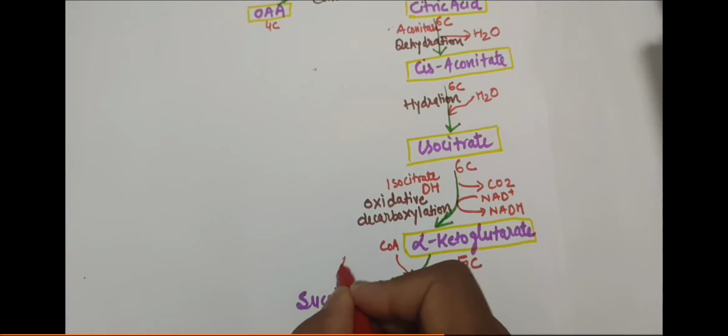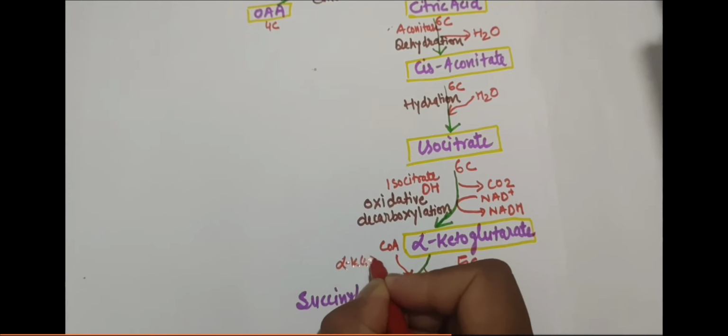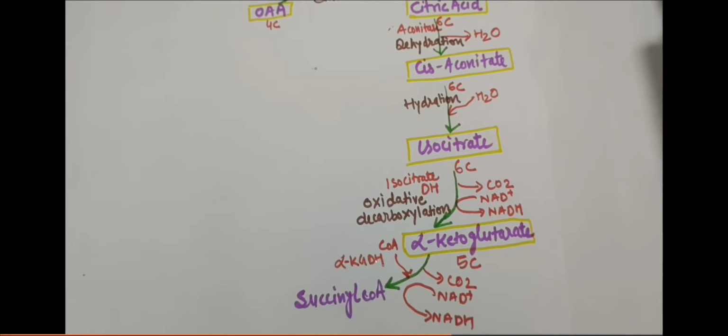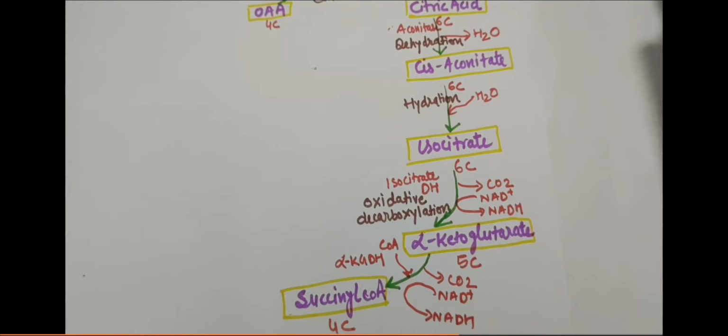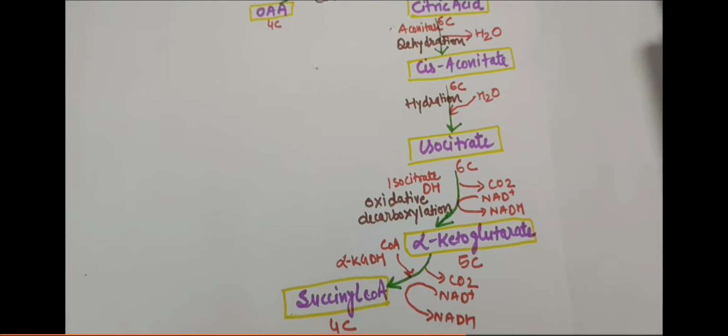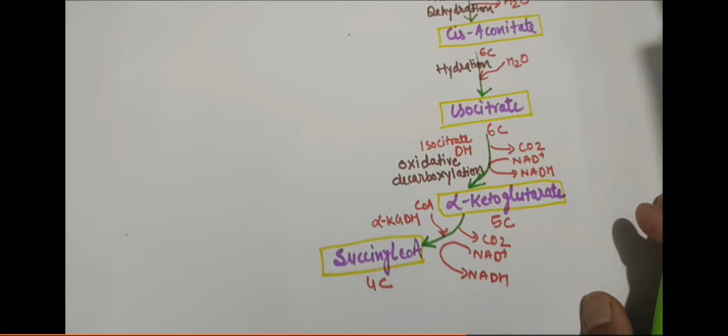So this reaction is catalyzed by alpha ketoglutarate dehydrogenase. Succinyl CoA is formed, which is a 4 carbon compound, and this step is also known as oxidative decarboxylation.